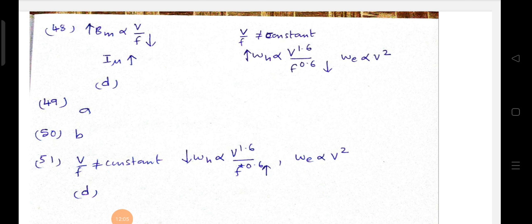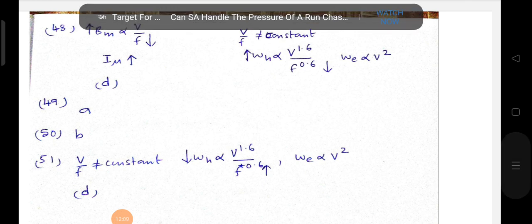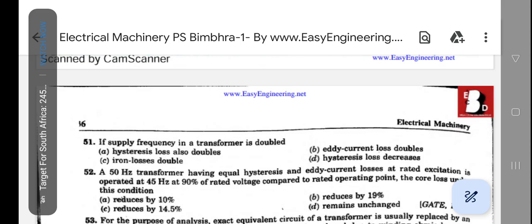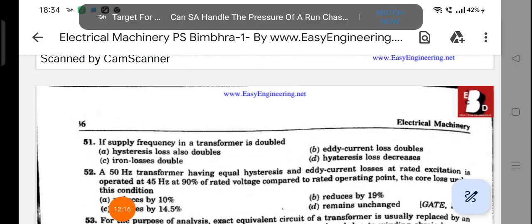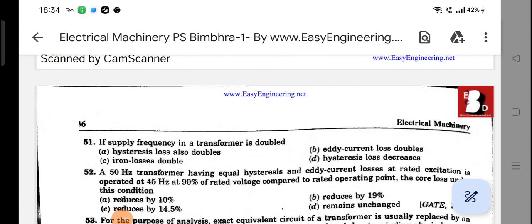When frequency increases, hysteresis losses will be reduced, with no change in eddy current losses. From the given options, hysteresis loss is reduced, so the fourth one is correct.